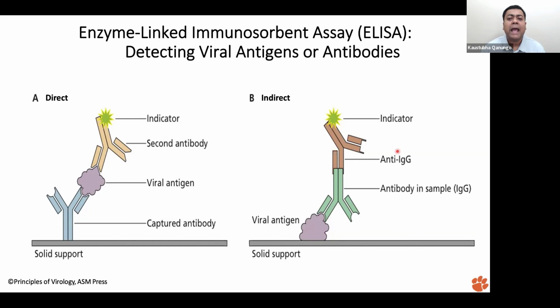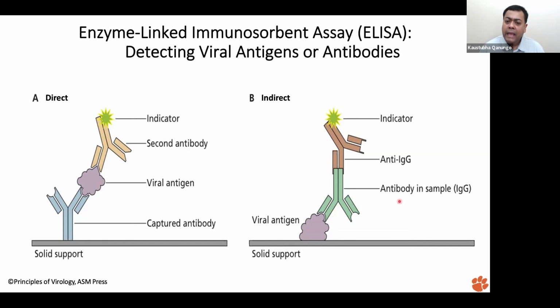Here we are asking the question, which is being done now, whether a person has been exposed to the virus or not, whether the person is infected with the virus or not, whether the person has virus in their body fluid or not.